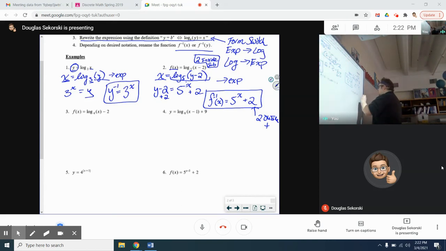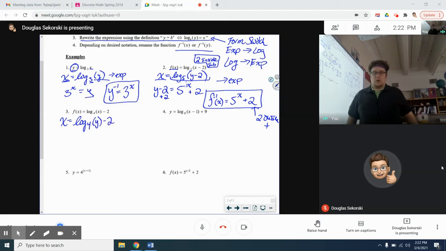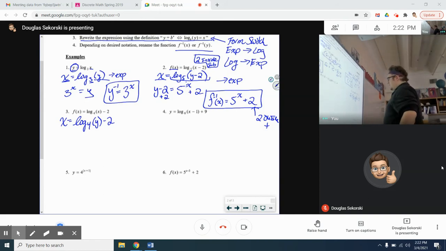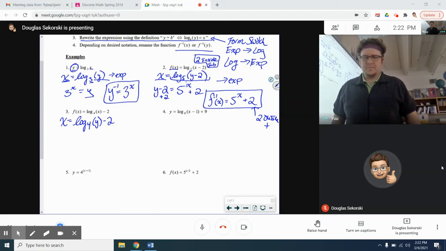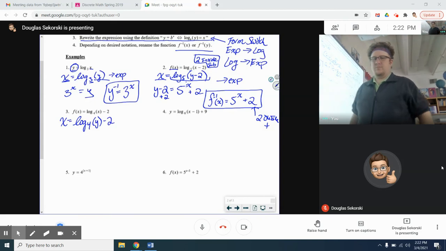So in number 3, we've got x equals log base 4 of y minus 2. And right now, the logarithm is not isolated. So what part of the logarithm needs to disappear? You got it. It's the minus 2.